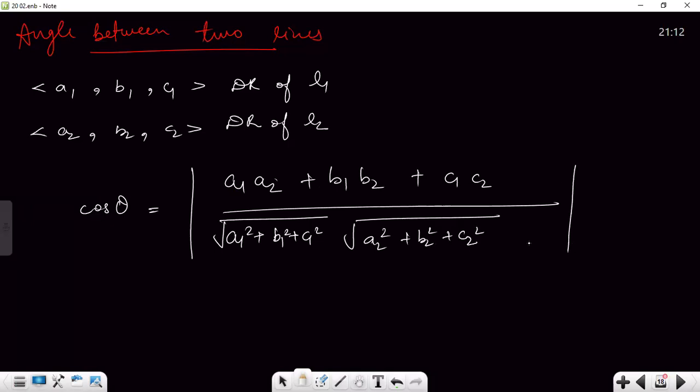We do not care about the exact point on the straight line. We just care about the direction ratio.